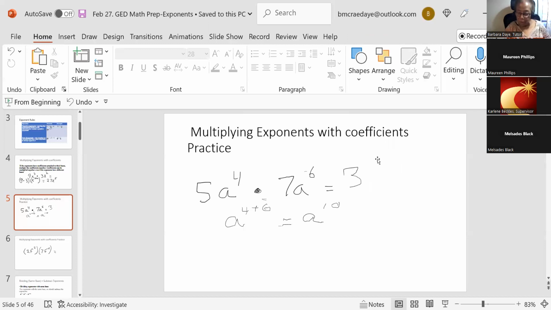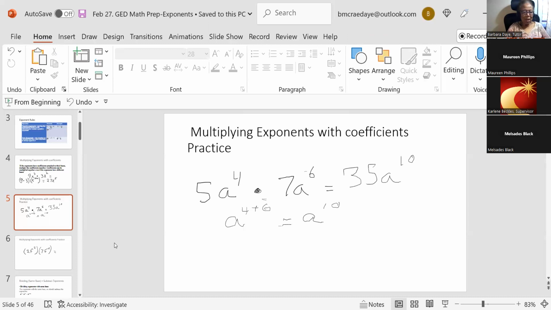So this will be 35a to the 10th. So multiply the coefficients and then just add the powers because it's the same base. Any questions?